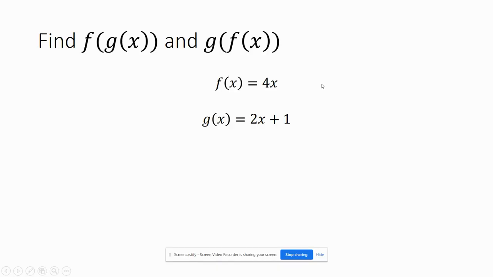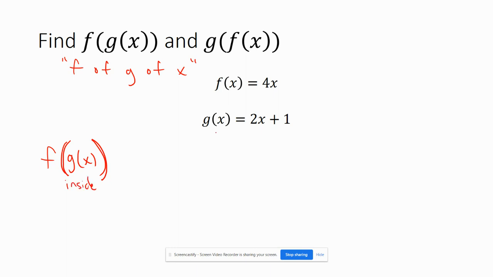So on to actually composing two functions. This is how we would say it: f of g of x. And this one's the other way, g of f of x. And so it depends. If we do f of g of x, notice inside the double parentheses, the g of x is inside.